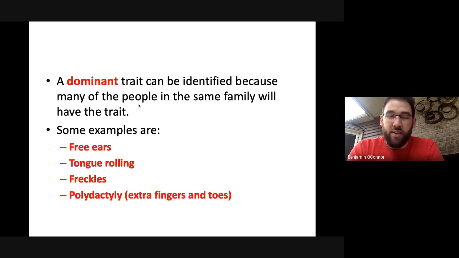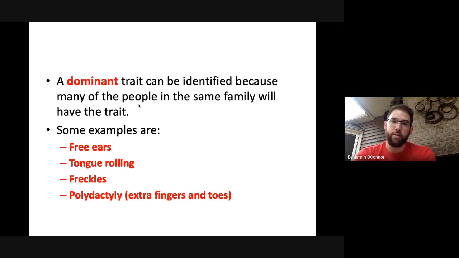All right, so just a recap: a dominant trait can be identified because many of the people in the same family will have that same trait. Typically, if you have brown hair, most of your family members will also have brown hair. But every now and then, a brown-haired woman and a brown-haired male can produce a blonde child. Someone who is blonde is most likely double recessive. And typically, if you see 2 blonde parents, you will also see a blonde offspring, most often.